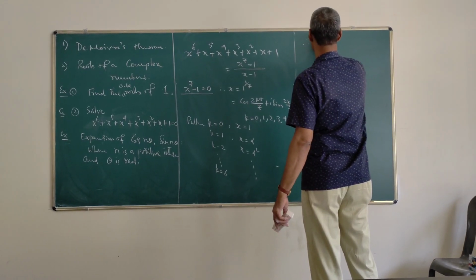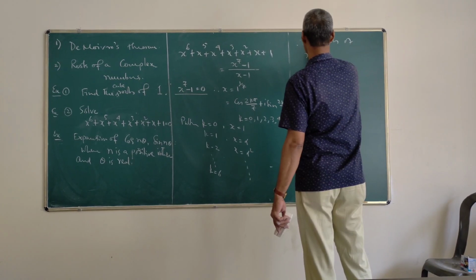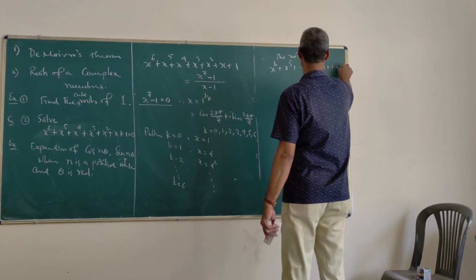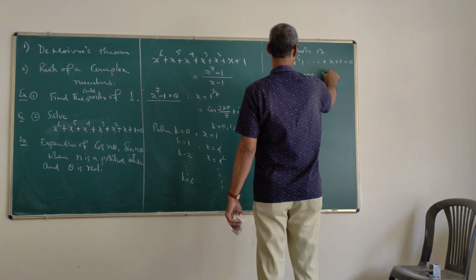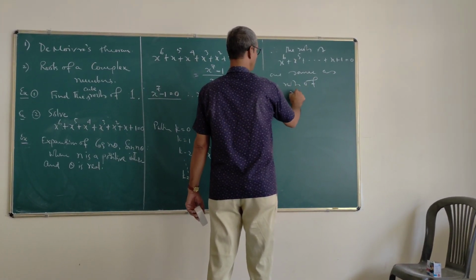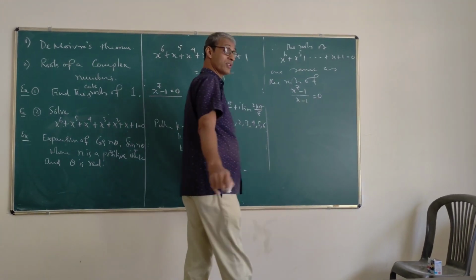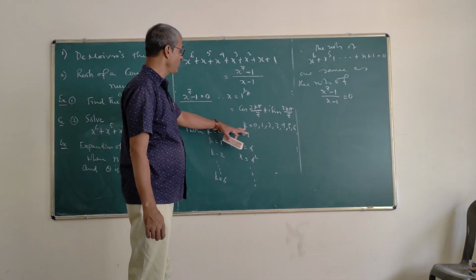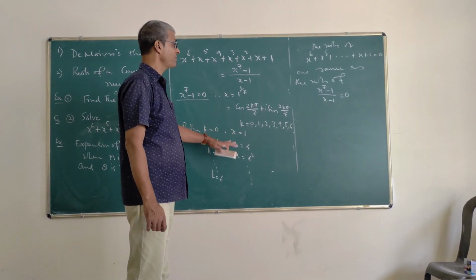The roots of x^6 + x^5 + ... + x + 1 = 0 are the same as the roots of x^7 - 1 = 0, excluding x - 1 = 0, which is one of the roots.